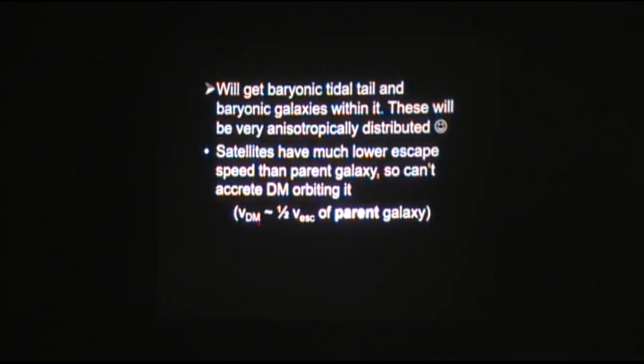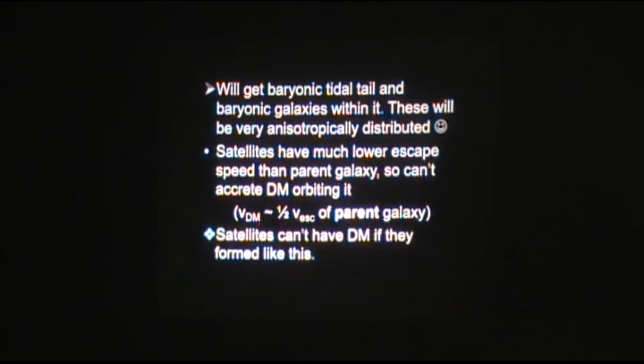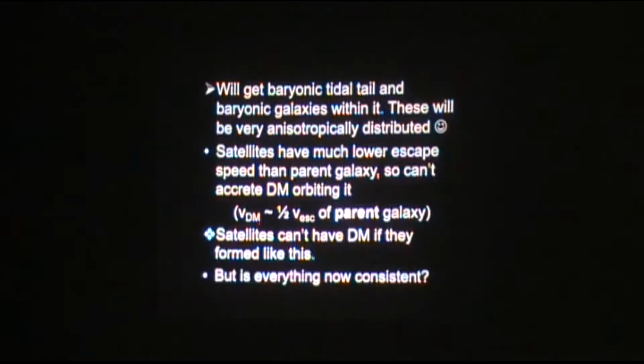So the satellites can't really start with dark matter. They also can't accrete it because the dark matter's typical velocity is about half the escape speed of the parent galaxy. The escape speed of the satellites obviously is much less because they're really tiny. So the satellites can't either start with or accrete dark matter. So they're going to be devoid of dark matter. But they can still exist. There's no problem with them existing.